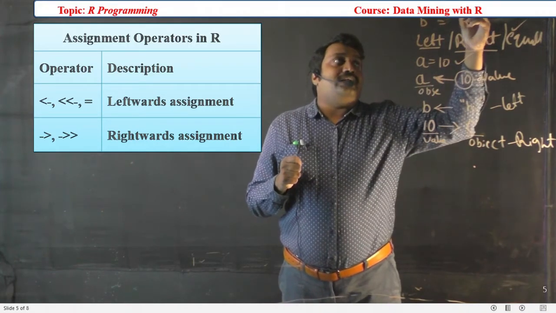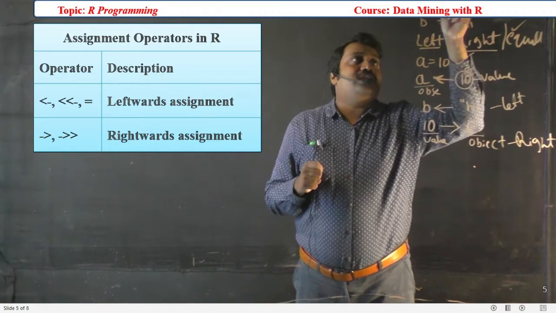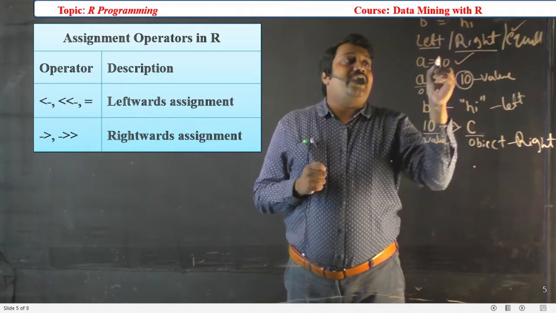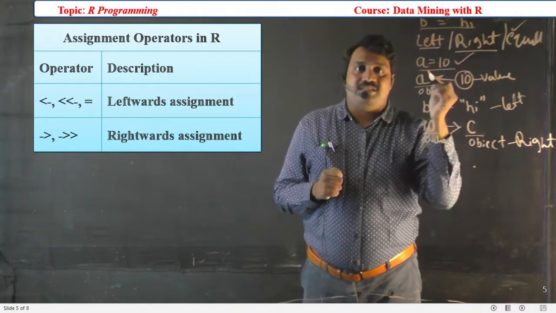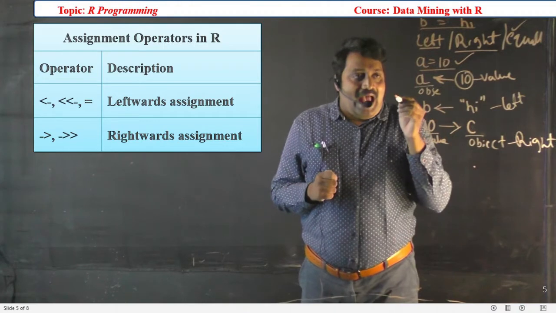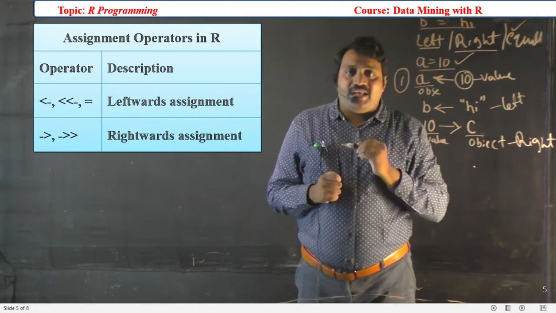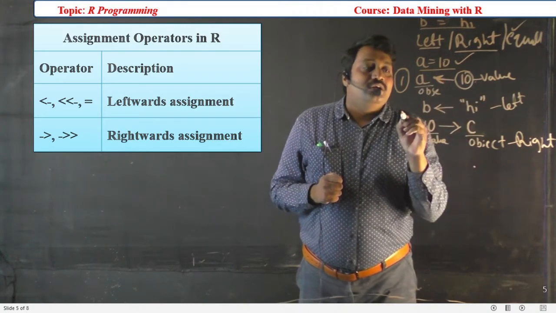In most languages, 95% of them, we use the equal symbol as the assigning symbol, like a equal to 10 or b equal to "hi". But in R, we have three ways. First way is the leftward direction: A, leftward arrow, and value.